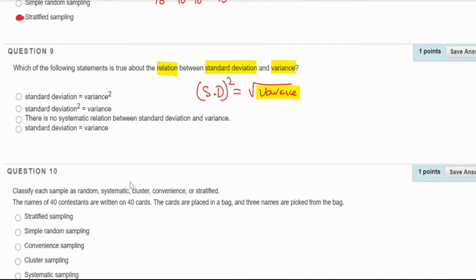When we square the square root, we cross that out. So whatever remains is just the variance, and this would be the standard deviation squared, right? So looking at this, we could say that the standard deviation squared is the same as the variance.